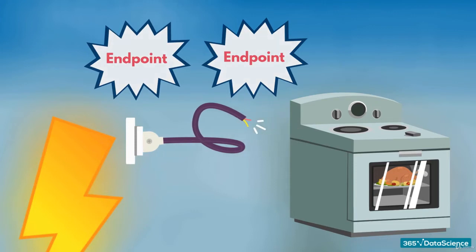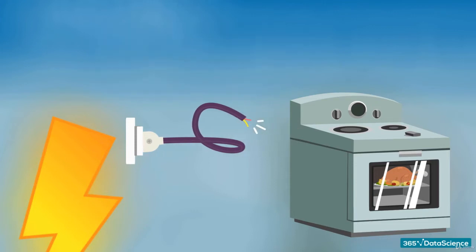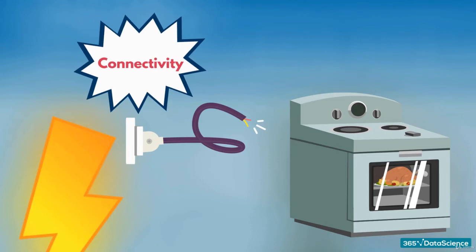By connecting these two, electricity can flow from the power supply to the cooker, which can then provide its function to heat up the oven. Hence, the connectivity between the power supply and the cooker is realized by connecting their respective endpoints.